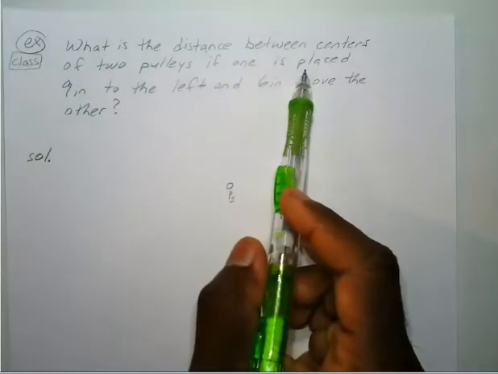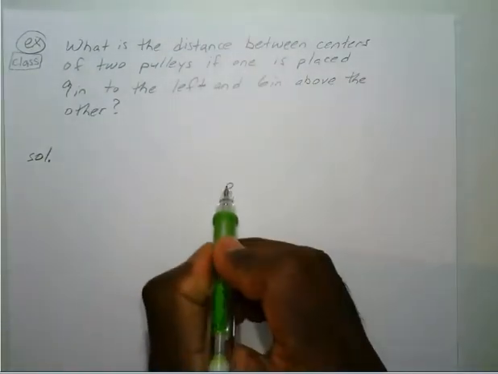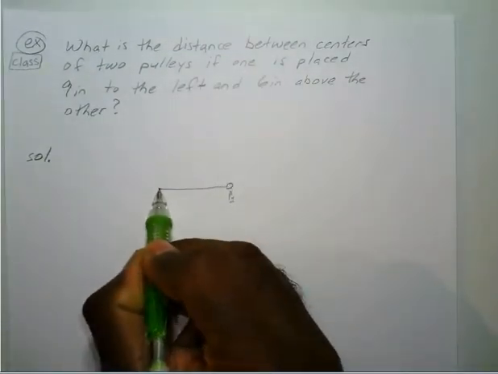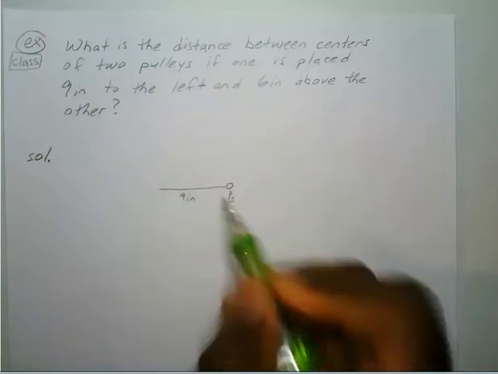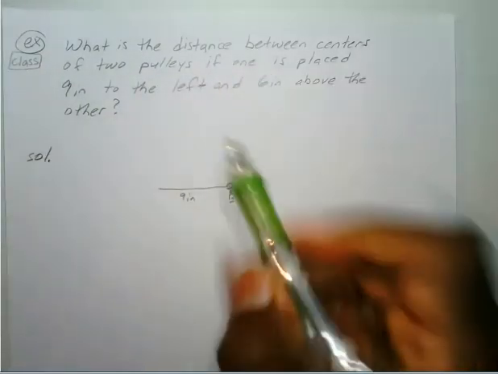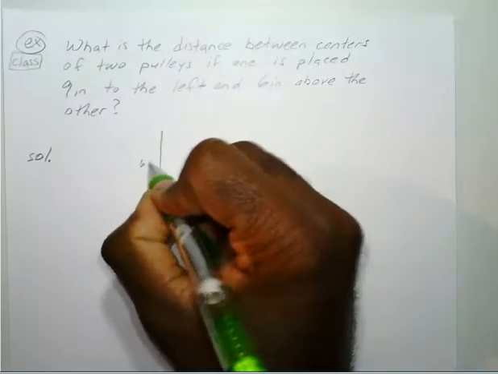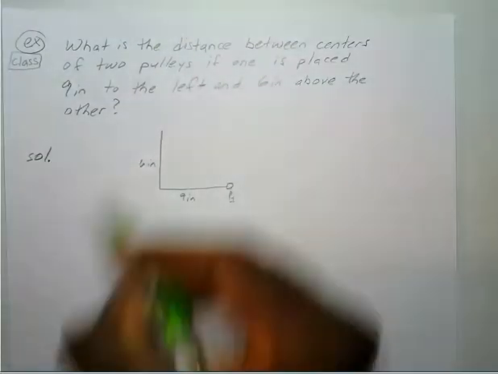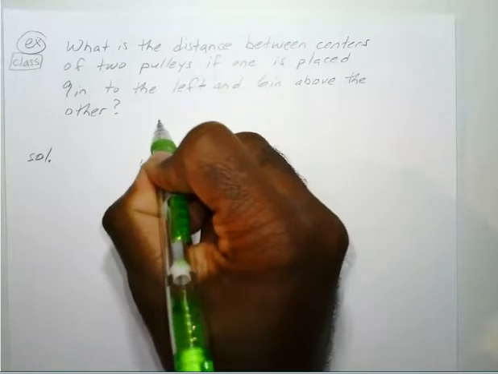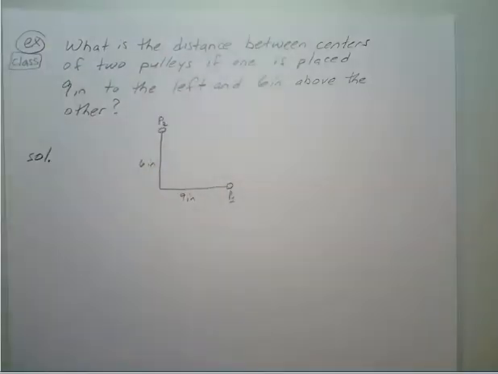Now, the other pulley is placed 9 inches to the left and 6 inches above the other. So 6 inches above. Okay, so this is pulley number 2.